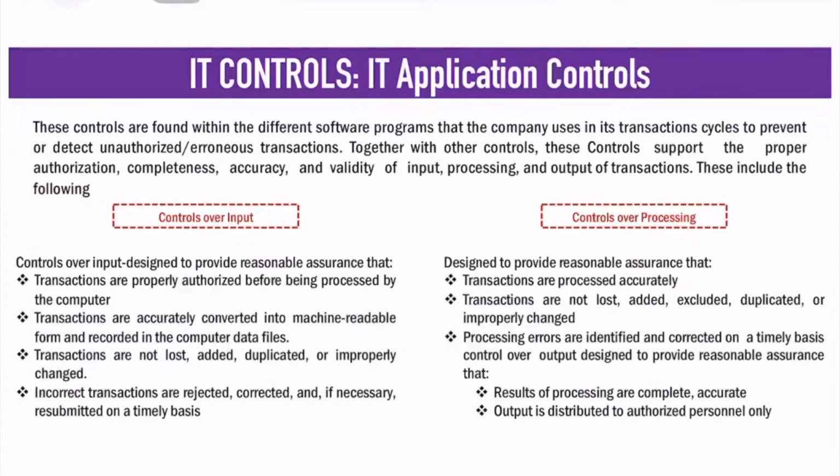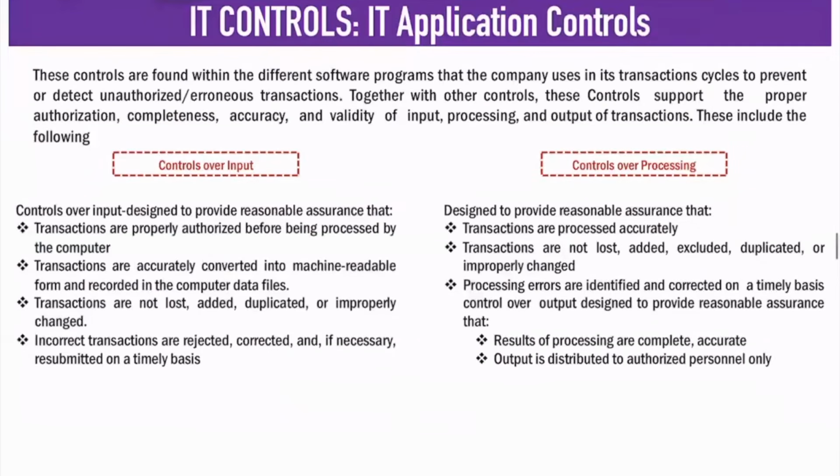Next, we look into your IT application controls. For IT application controls, of course, what is controlled here now is your different IT applications. So the IT environment, you have learned before, is composed of three items, right? What are those again? IT infrastructure, IT processes, and then we have your IT applications.